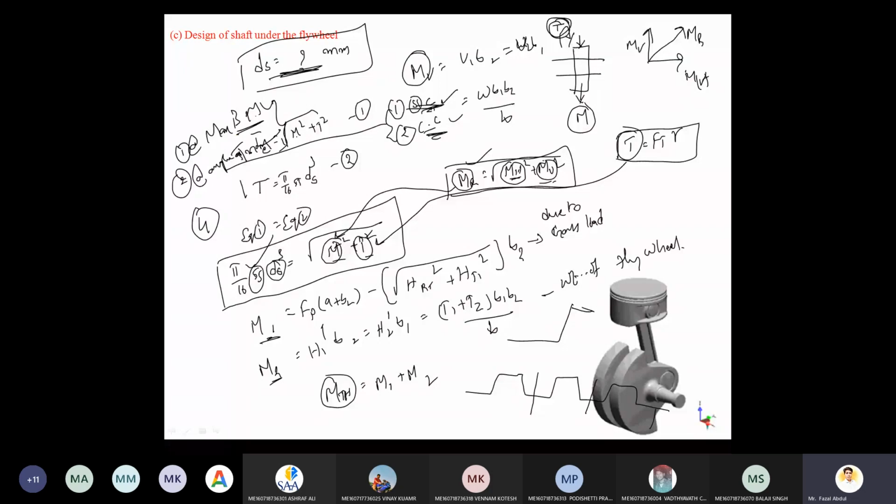A question may ask for the center crankshaft at an angle of maximum torsion moment. The question will not ask combining all four categories. Any one category is going to be selected and asked to solve the problem. Otherwise, a particular side crankshaft will be given and asked to design based on these two criteria.